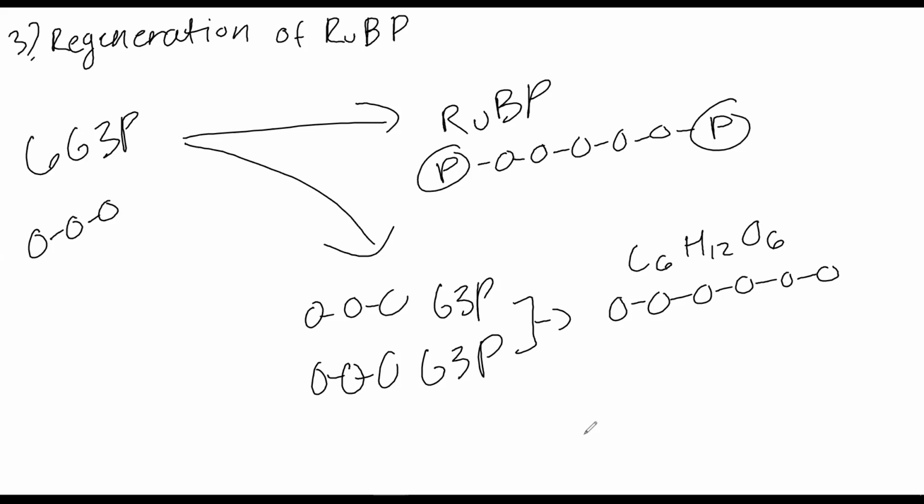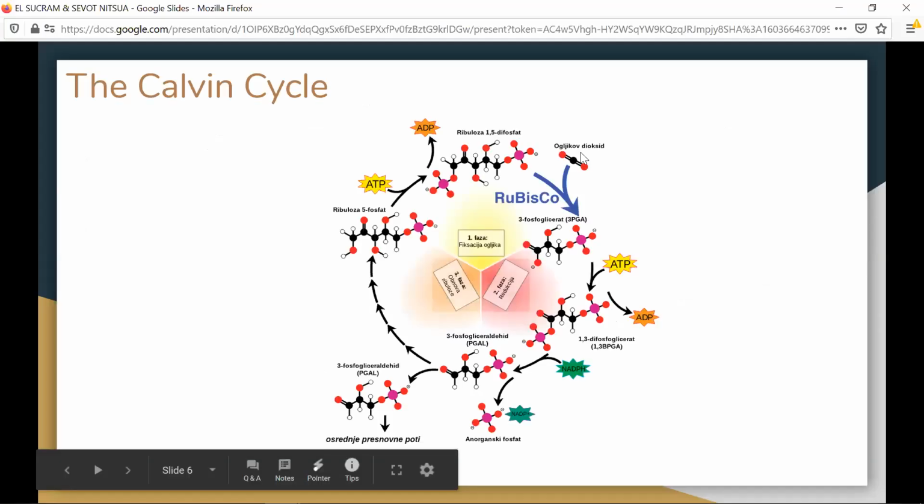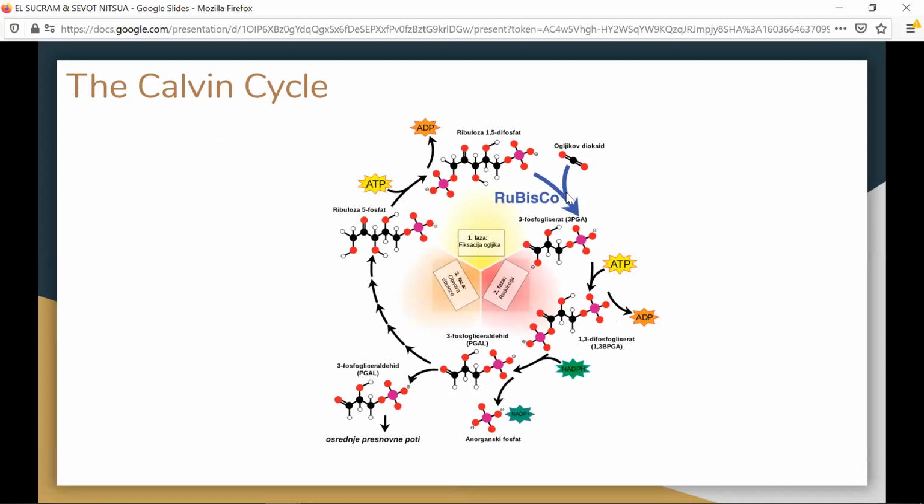So let's do a quick review. Let me go back to our slides here. So step 1, a stray carbon is going to combine with our RuBP and merge together into a 6 carbon molecule, then break apart into 2 3 carbon molecules called PGA.